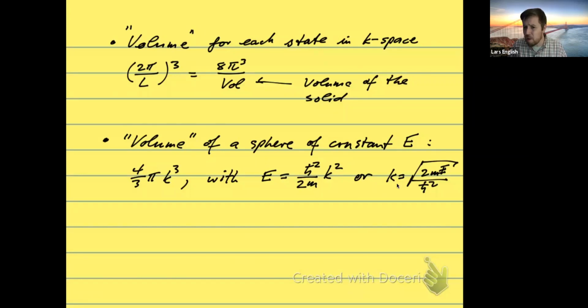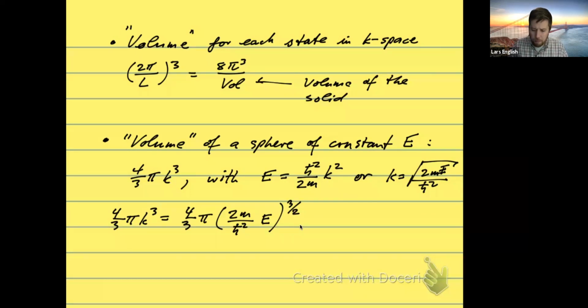I can solve that for k, and k is proportional to the square root of the energy. If I combine this with that, we get e to the 1/2, I plug it into that formula, now I'm cubing that, so I end up with e to the 3/2 power. That is now the volume in reciprocal space of a sphere of constant energy E.